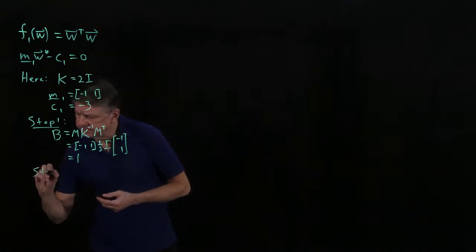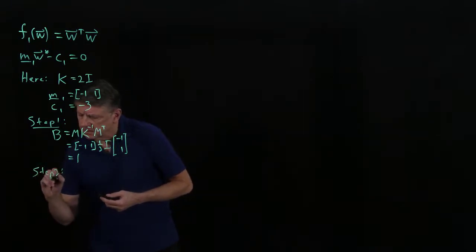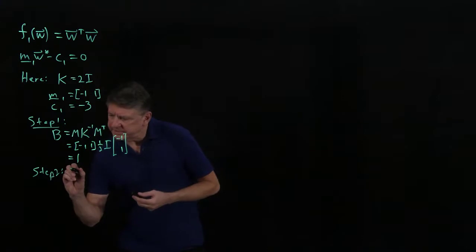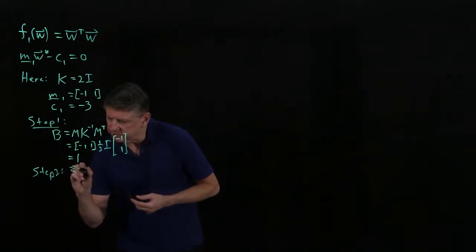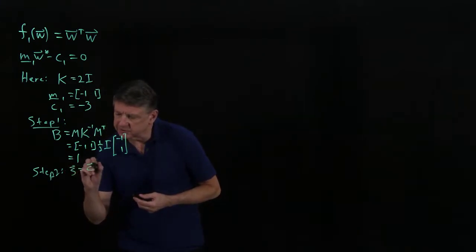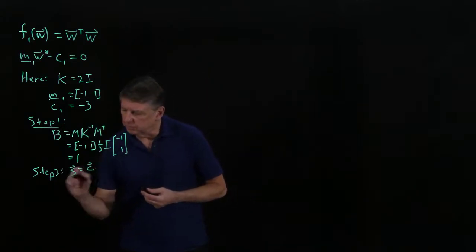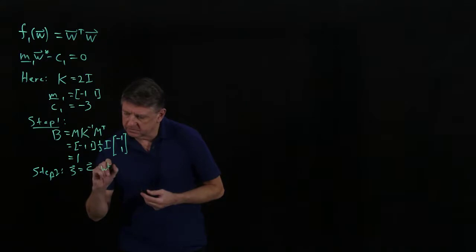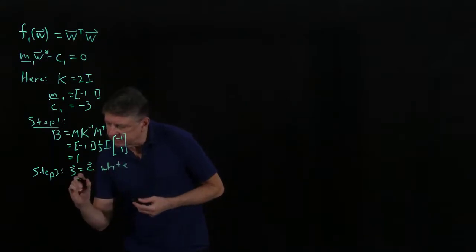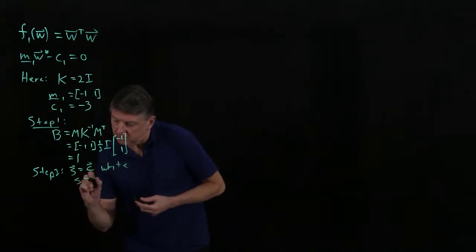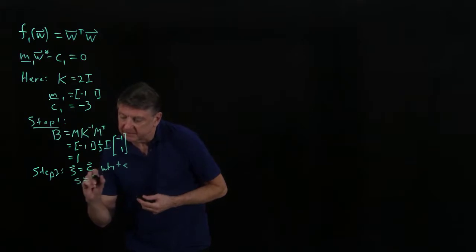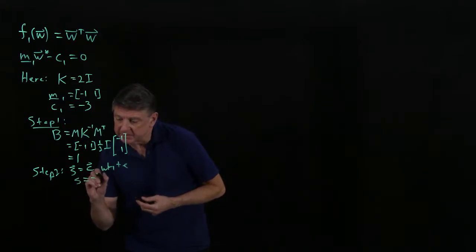Step 2 is we simply say that our solution vector is our constraint vector, so we'll simply write that constant, that scalar, is in this case -3.